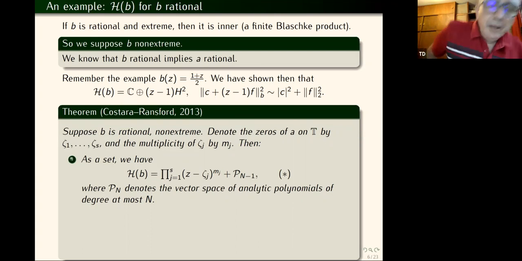And then we have a similar formula to the one that we had for the case (1 + z)/2. As a set, sorry, there's an H² missing after this product at the beginning. I can try actually to write it.